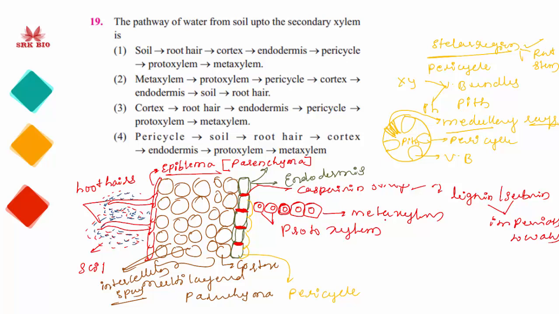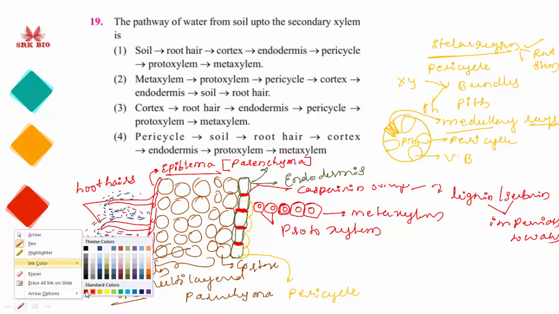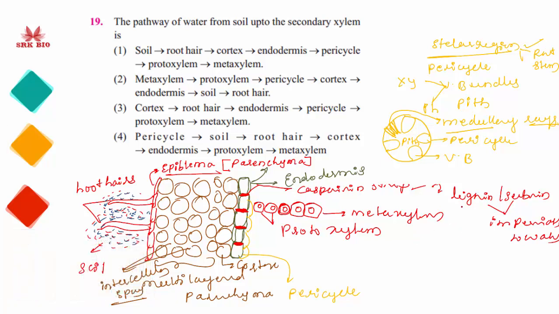Hope you are familiar. The xylem is water conducting complex permanent tissue, and it is made up of 4 cellular elements.